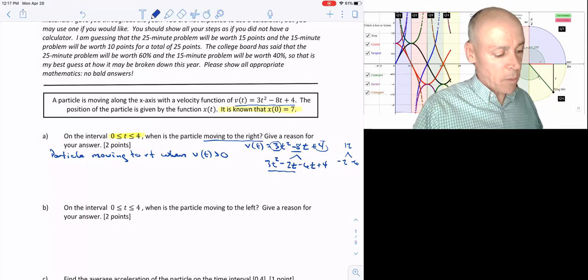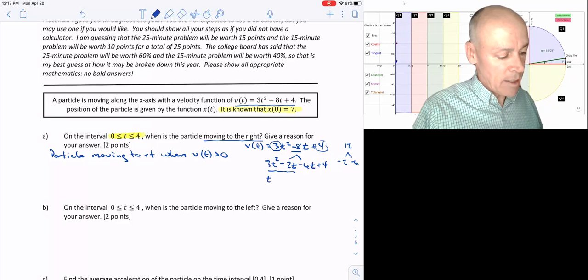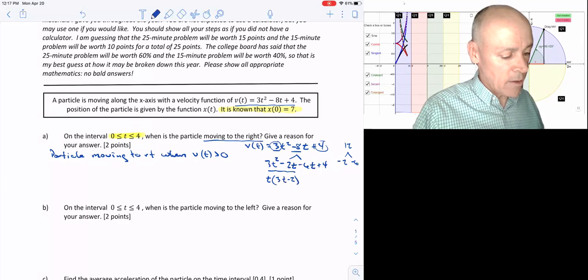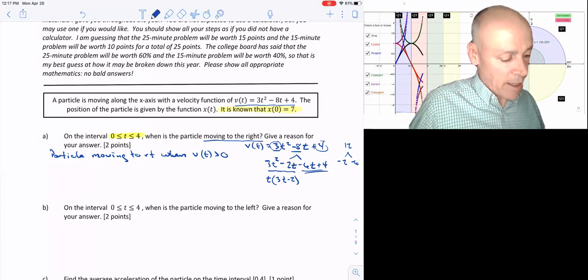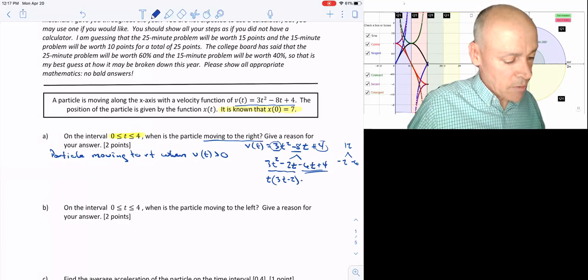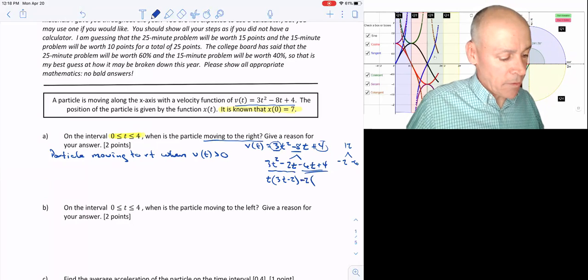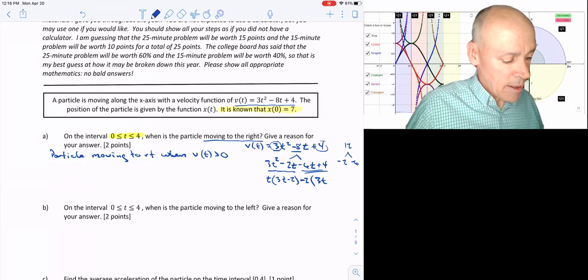In this first pair of terms, we have a common factor of t. So we have t times (3t - 2). And then in the second two terms, we can factor out a -2. When we factor out a -2, the other factor is going to be (3t - 2).